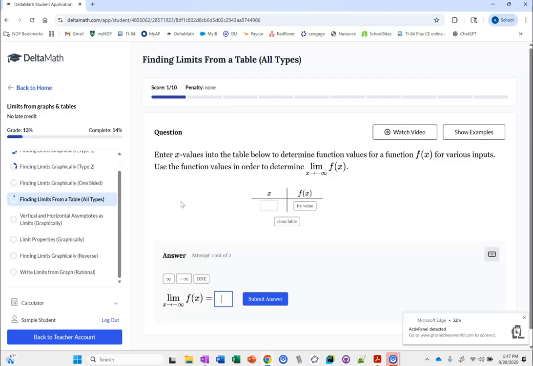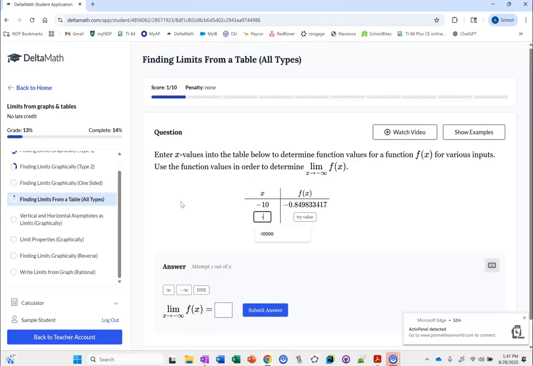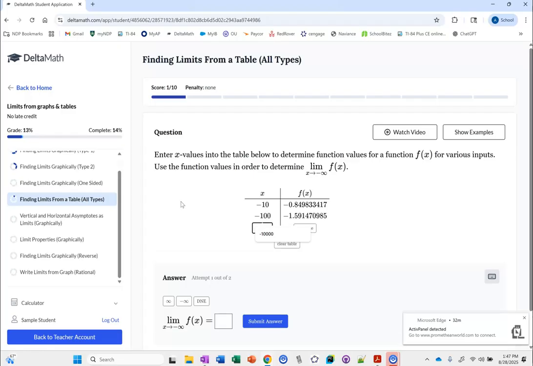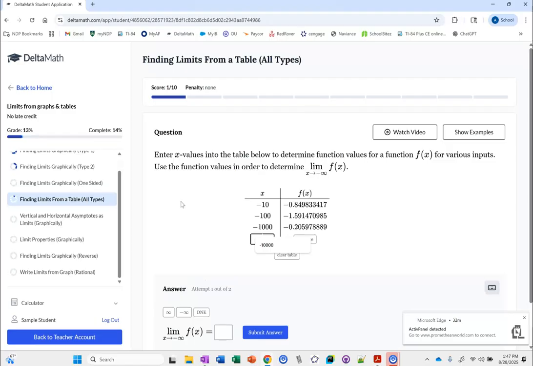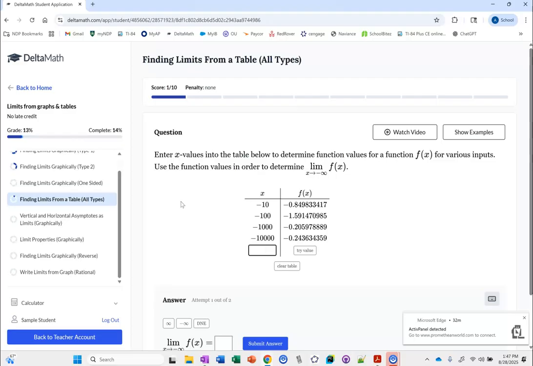If I'm going to negative infinity, I would do -10, then -100, then -1,000, and so on. I always use powers of 10, like orders of magnitude. It just makes the most sense to me.